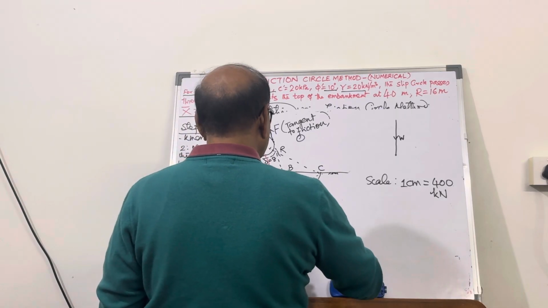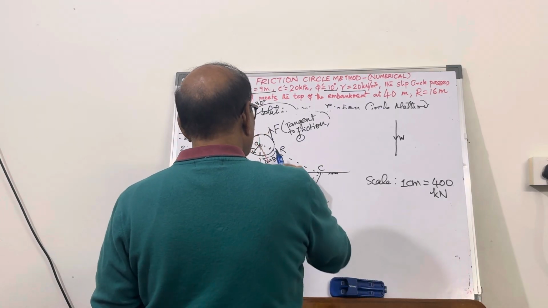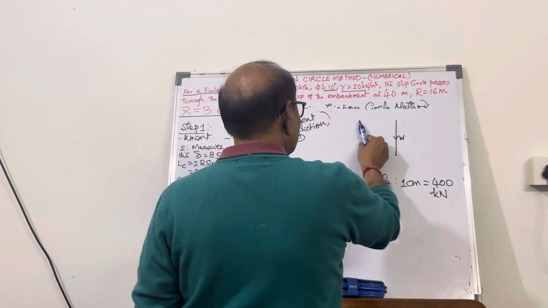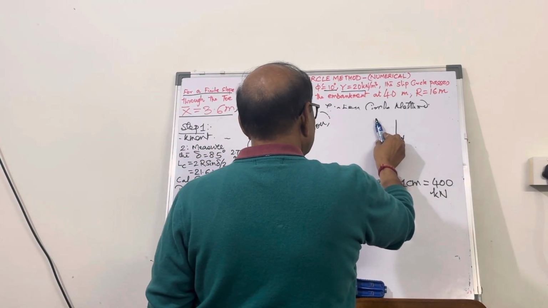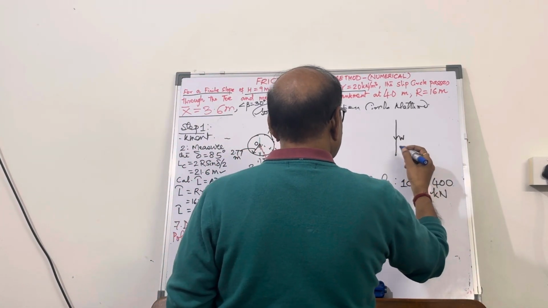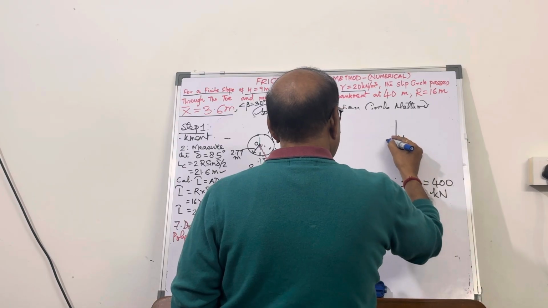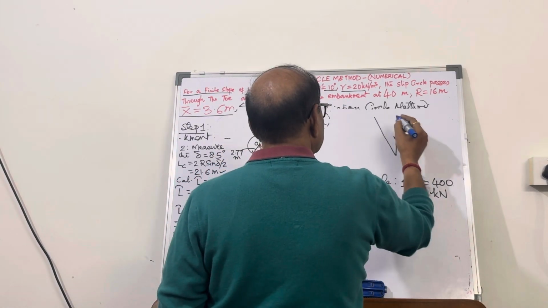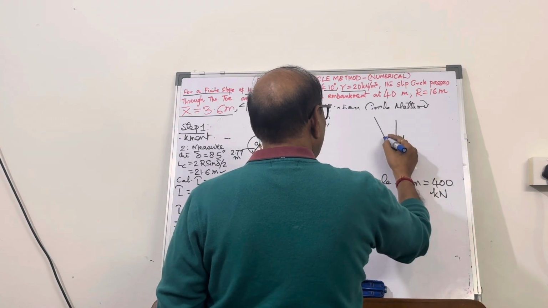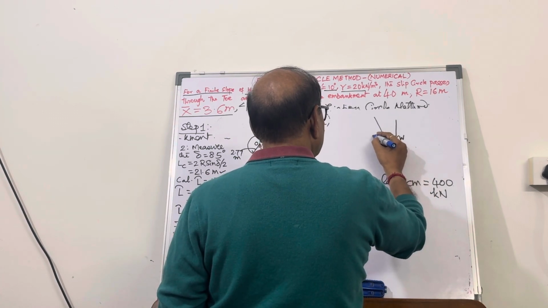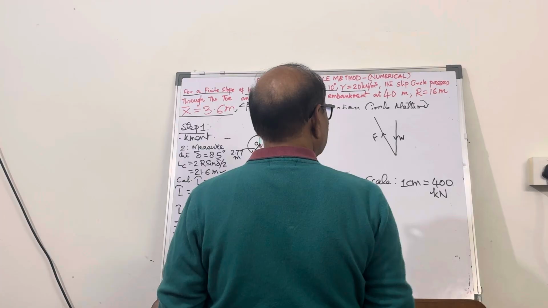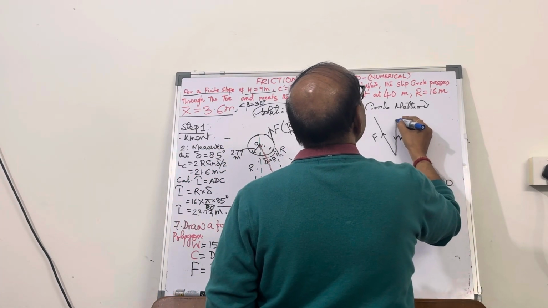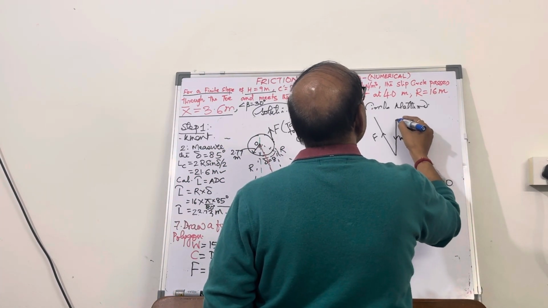Now, I know the direction of this force F. So, parallel to this, you draw a line, because you know only the direction of F. And you know this end, this is the beginning.